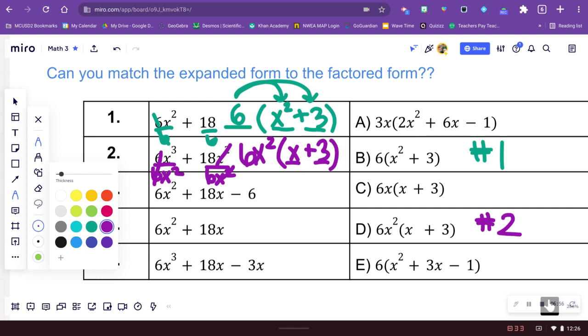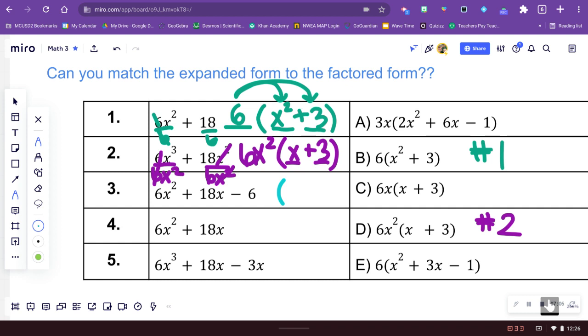All right, hope you guys had enough time to try the last 3. Let's check our answers. Number 3, I have a trinomial. I have 3 pieces that I'm starting with, so I know my parentheses is going to be actually a little bit bigger. I'm going to have 3 pieces left, and I can divide everything by 6. And I cannot take out an x because of that minus 6 at the end.